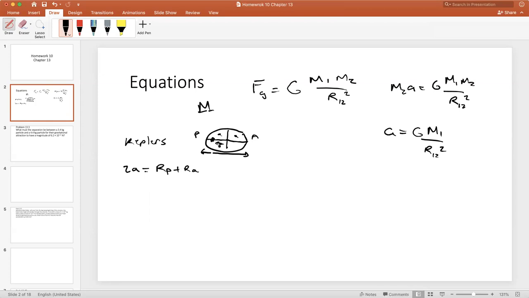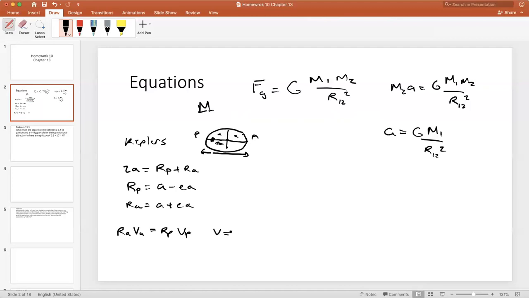And since the semi-major axis is A for each of them, it's 2A. Further from this, you can see that RP has to be equal to A minus EA, and RA is A plus EA, right? And that's it for basically Kepler's first law. His second law told us that the aphelion radius times the velocity tangential at aphelion is equal to RP times VP.